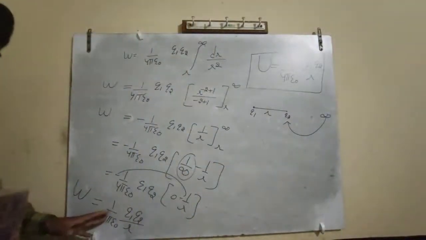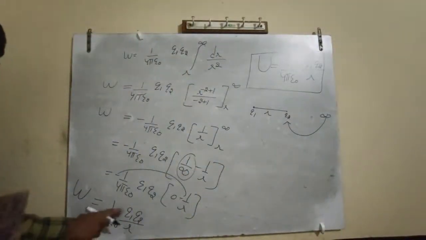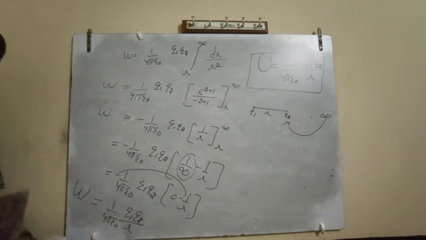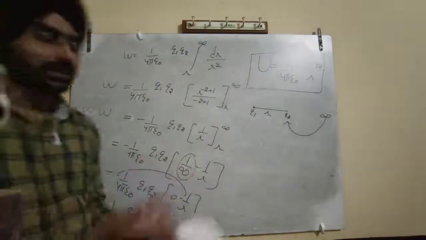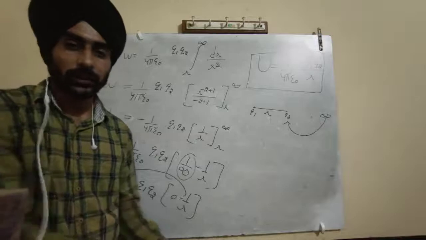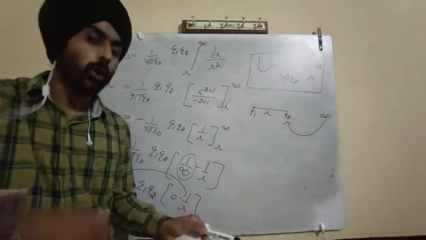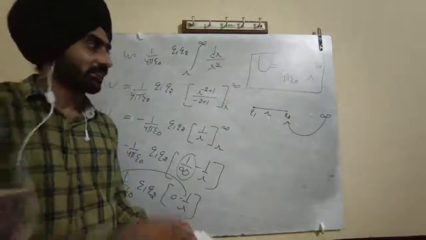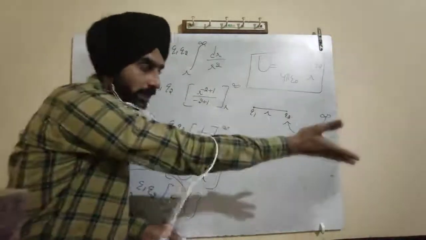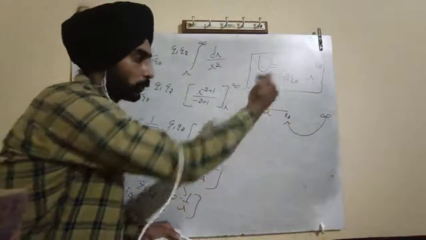So how much work do we have to do? 1 upon 4 pi epsilon naught Q1 Q2 upon r. This is the work. Remember this, it is very important. This is the work done on Q2 against the electric field of Q1 to move Q2 from infinity up to distance r.